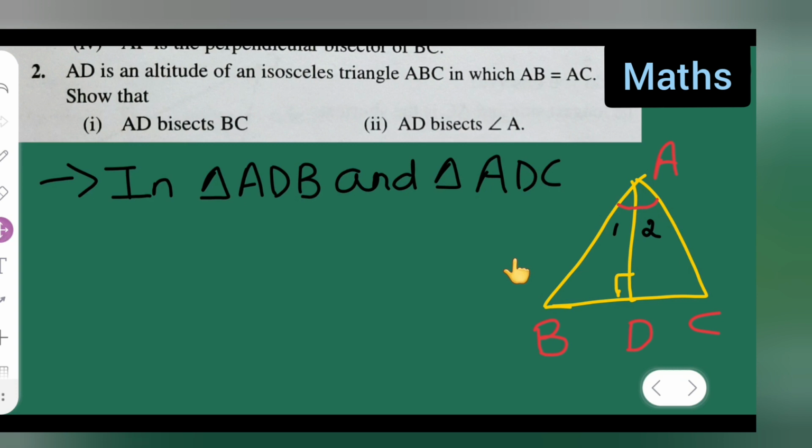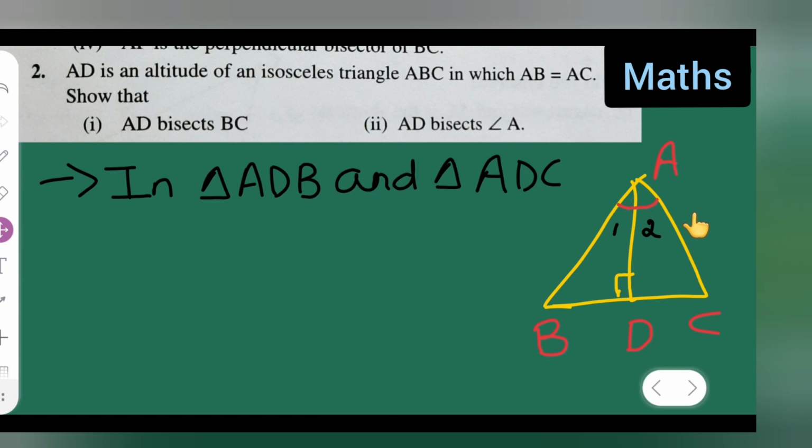Which triangles have I taken? ADB and then ADC. I have taken these two triangles because I have to show that AD is bisecting BC, which means I have to show that BD is equal to CD, right?